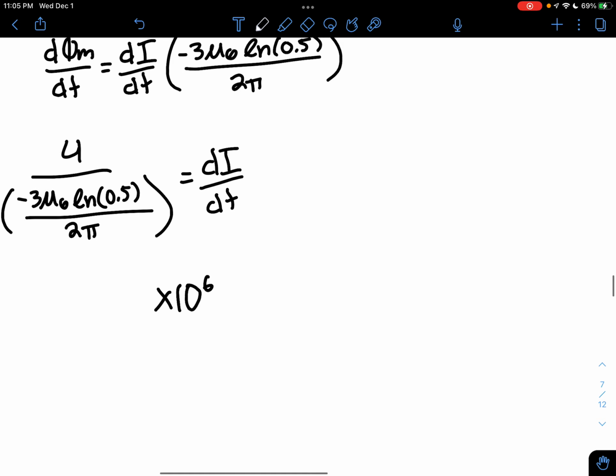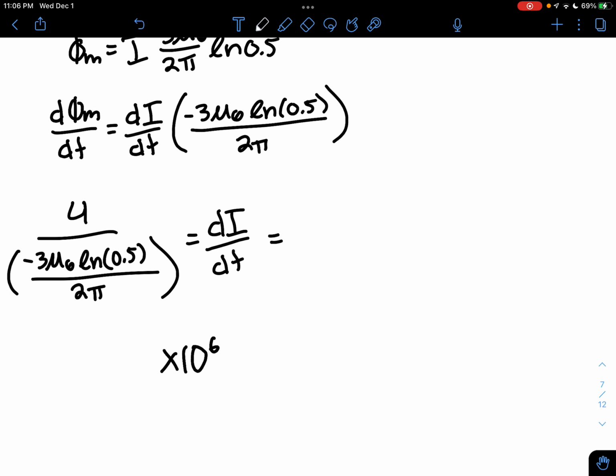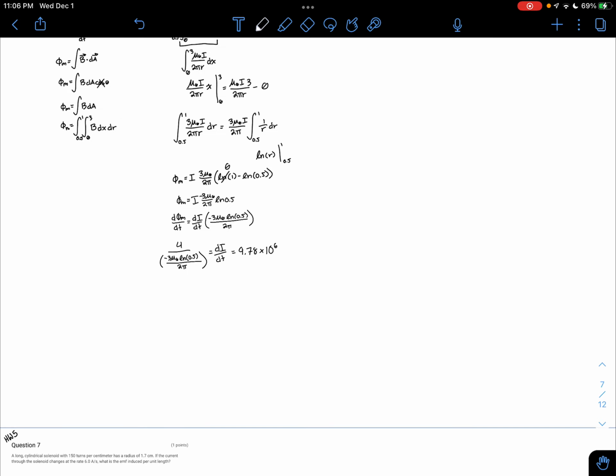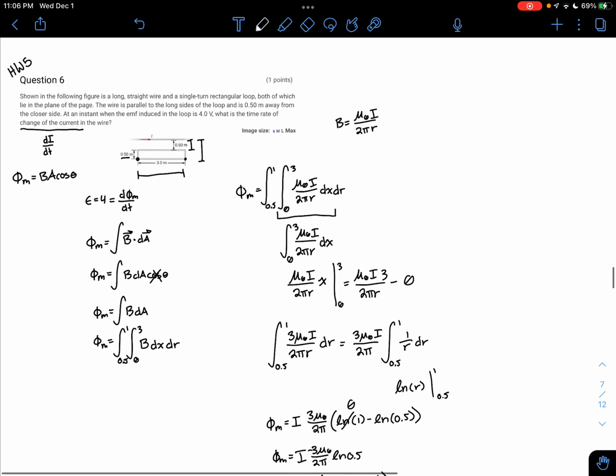I think my final answer that I got, punching all of this into a calculator, simplifying with our mu naught, divide by 2 pi, all that jazz, I got 9.78 times 10 to the 6, which seems insane, but Kudu marked it as correct. So there you go. We're finally done, right? Brought in a little too much calculus for my liking.